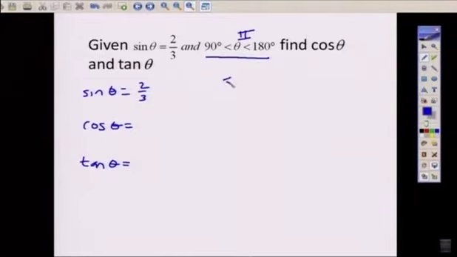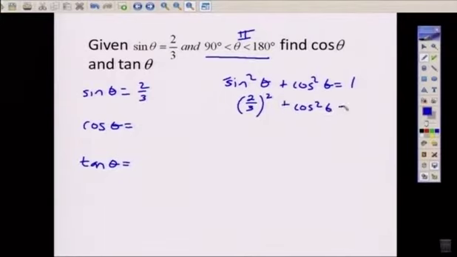Since we know that sine squared theta plus cosine squared theta is equal to 1, we can use this identity to find cosine. So substituting in the value of 2/3 for sine, we get 4/9 plus cosine squared theta equals 1. So we'll subtract the 4/9.